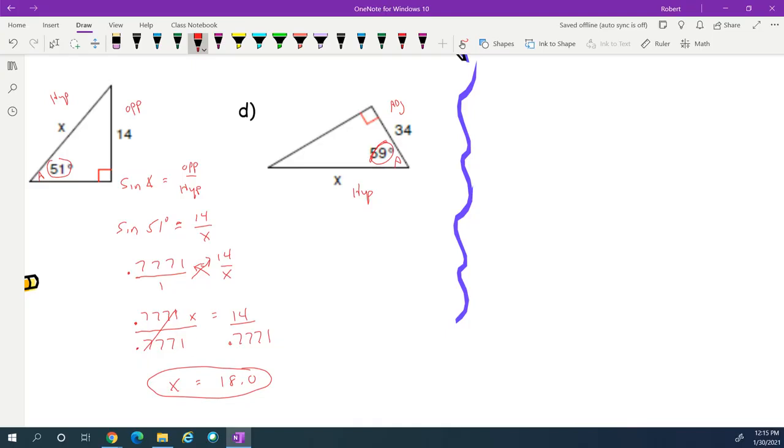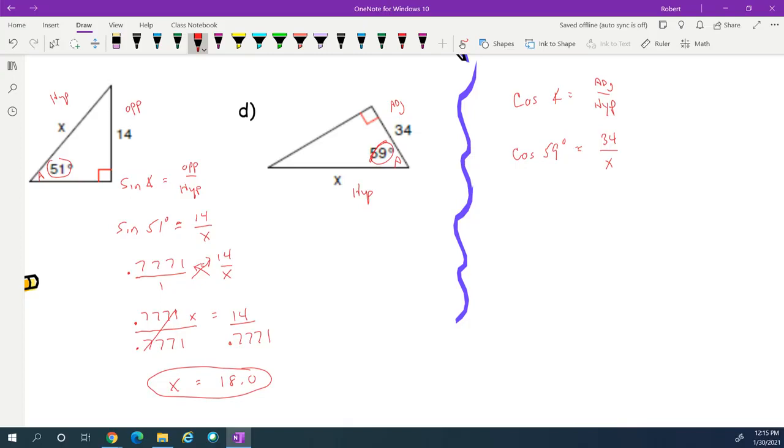There is only one trig formula that we can use, cosine. We're going to plug it in, fill in what we know, cosine 59 degrees. The adjacent is 34, and the hypotenuse is x.